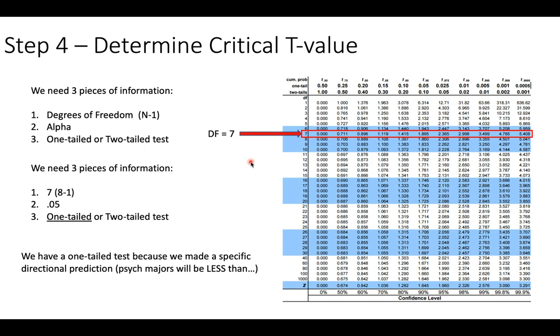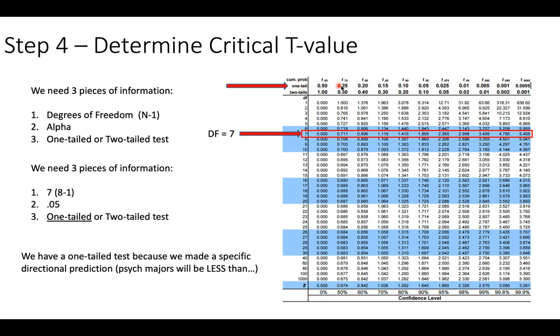Now up here at the top, it's going to tell us which column to use, and this is where we combine our two other pieces of information. We have a one-tailed test, so we need to identify alpha, which is 0.05, along these one-tailed numbers at the top. If we had a two-tailed test, then we would be identifying alpha on the second row of numbers.